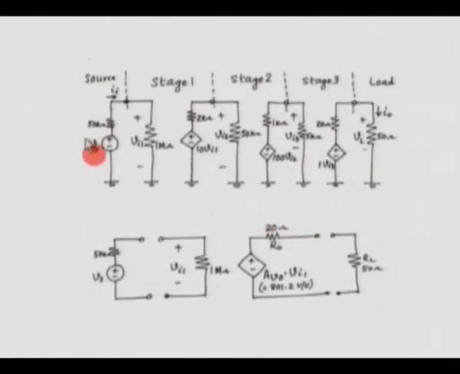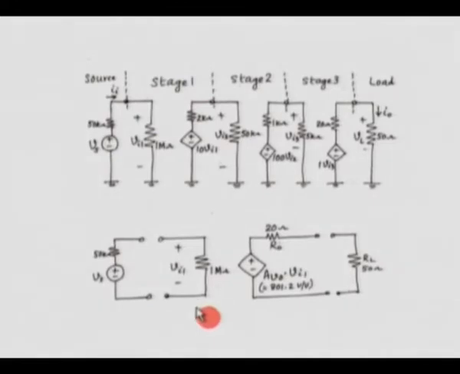Now, here we have the 3-stage multi-stage amplifier we considered. Now we could combine the entire thing by the equivalent circuit of a voltage amplifier, which would be more useful for us ultimately.